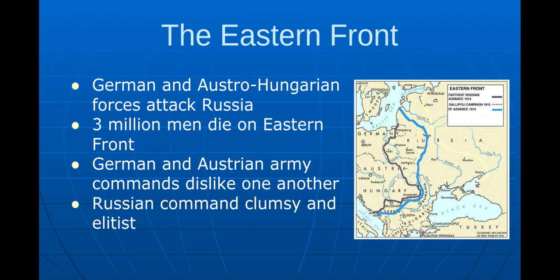And so all military decisions sort of devolve to this one individual. This clumsy and elitist command is really not very good at waging the war, but they end up at least blunting this. And this line is, notice here, the farthest Russian advance.